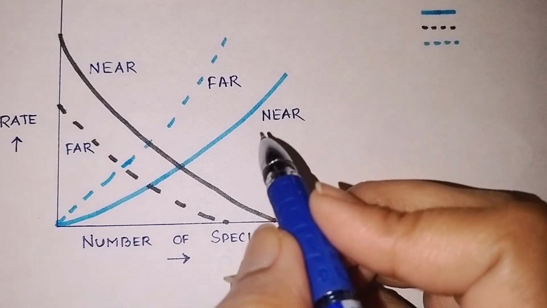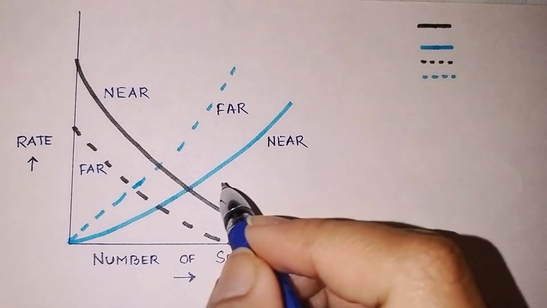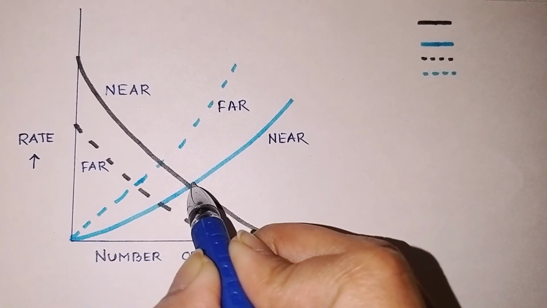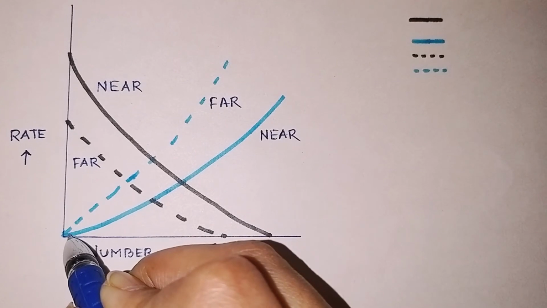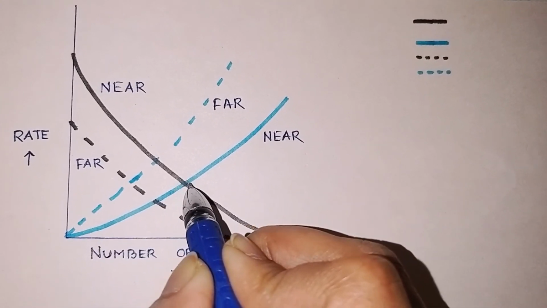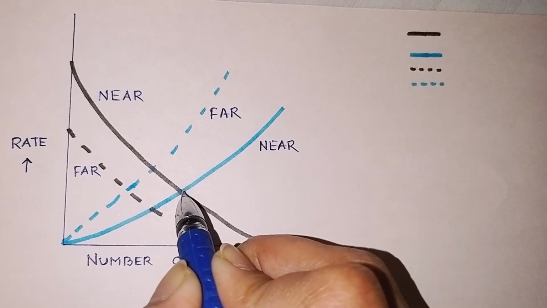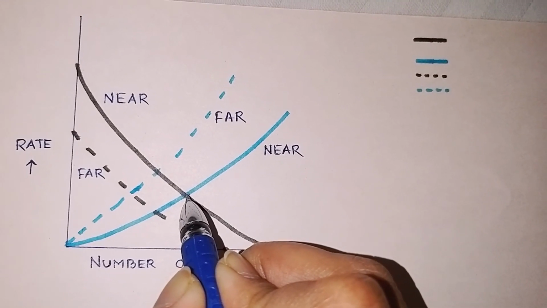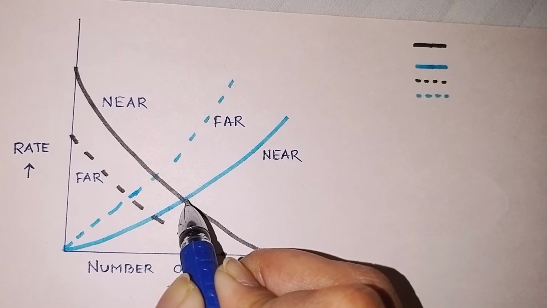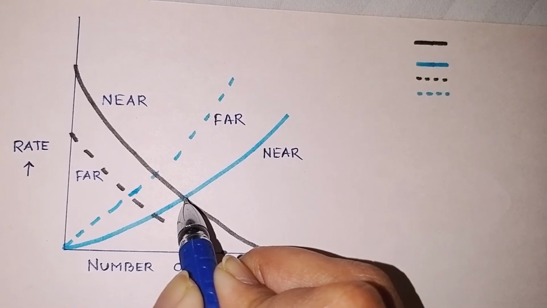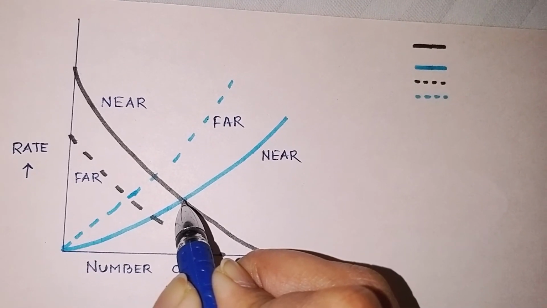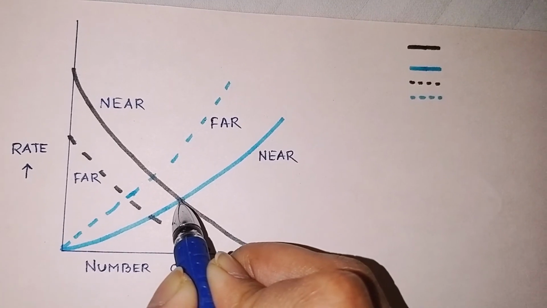Let's start with near island. The point of intersection of the blue and black curve will give us the equilibrium of species found in the island that is nearer to the mainland. So this is the point.